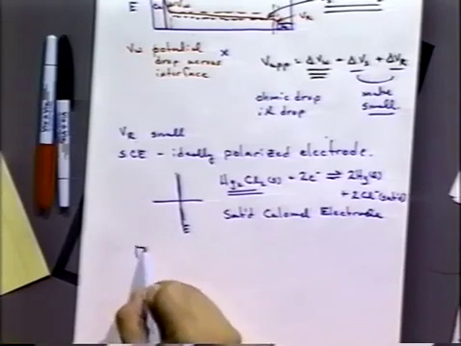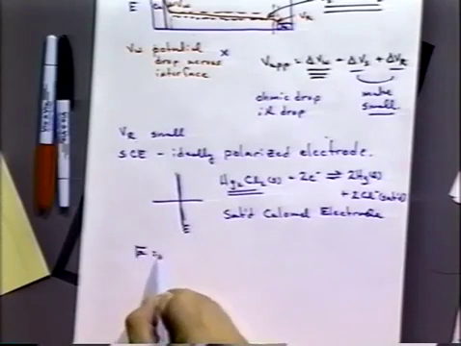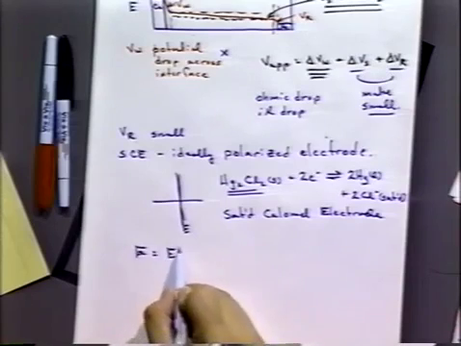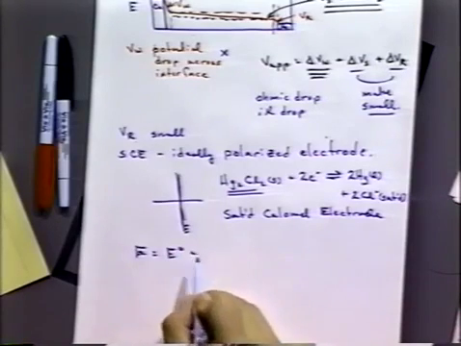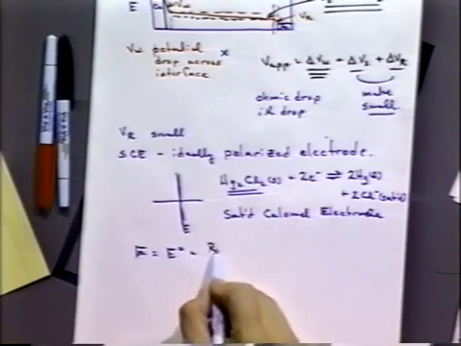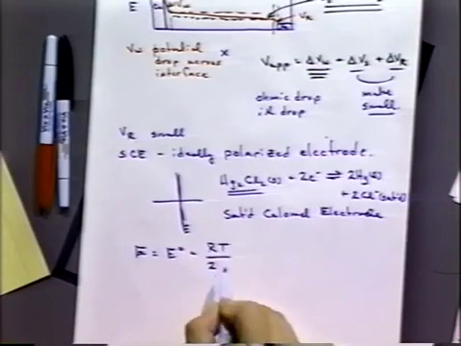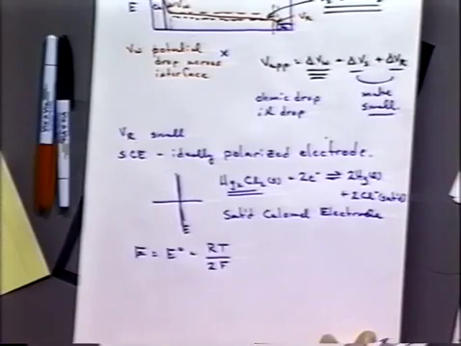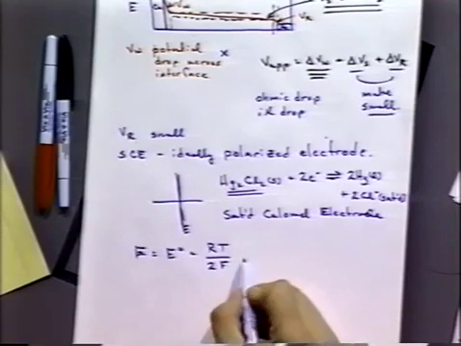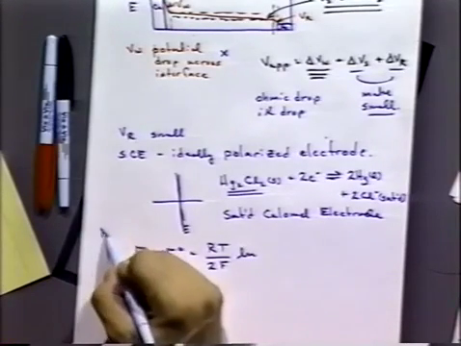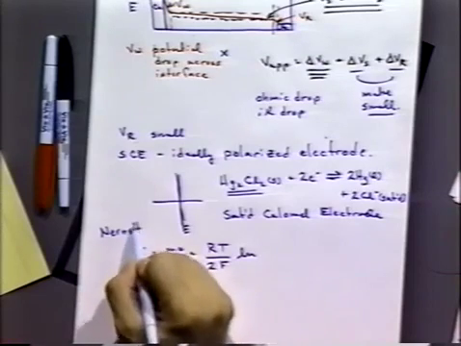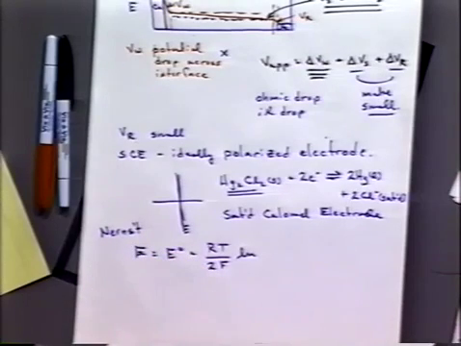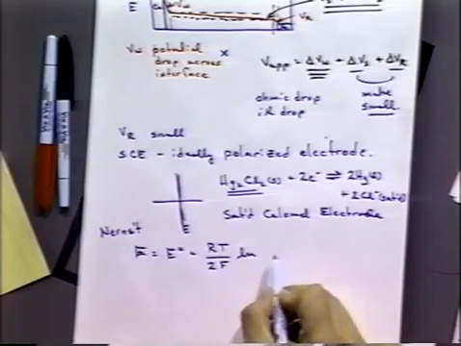First of all, let's see that the potential is calculated by the Nernst equation, which we haven't talked about before, but we'll talk about later. You might remember it from undergraduate chemistry. The Nernst equation is the relationship between potential of an electrochemical cell and activities.